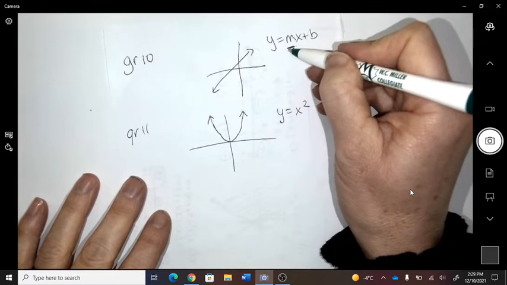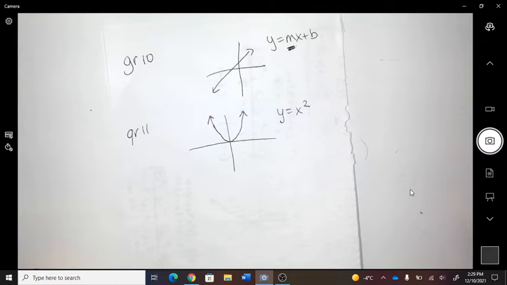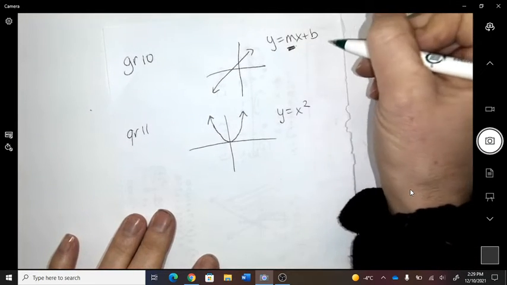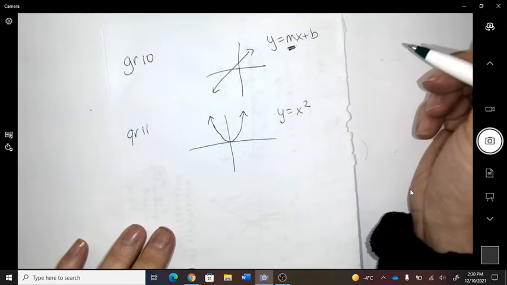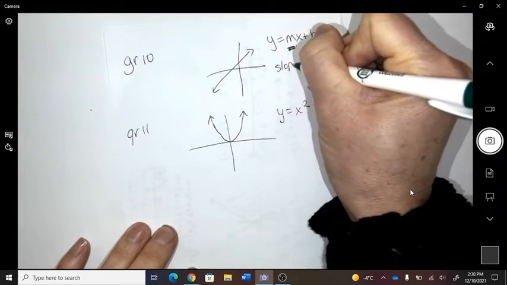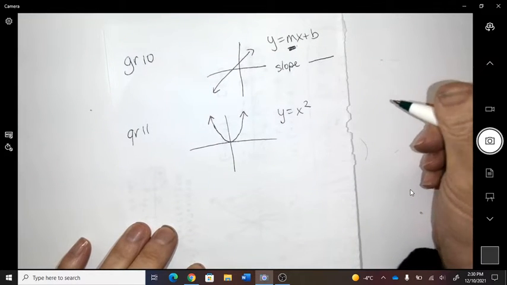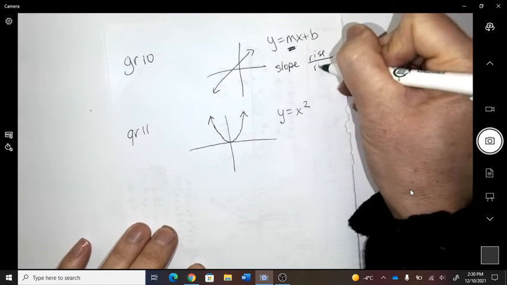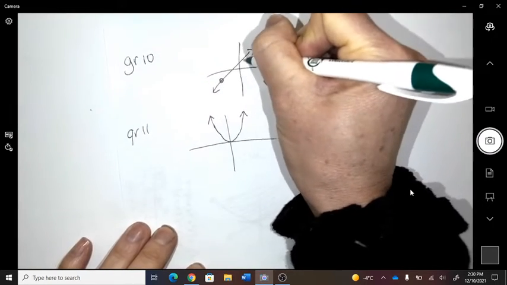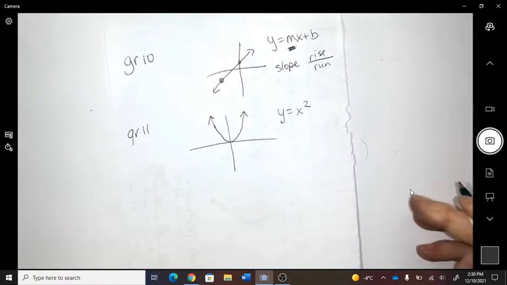So, in grade 10, how did you figure out how to maneuver on your line, how to make points? What did you always do? Slope. And slope was a division of what? Rise over run. And that's how you decided to go from that point to that point, right?